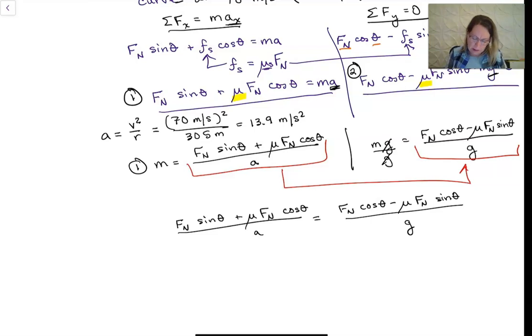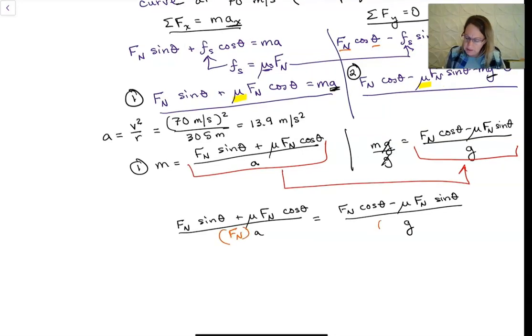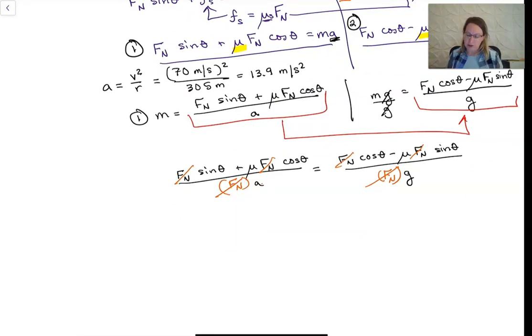I divide this side by force normal and this side by force normal, and because it's in the denominator in both places, I can go term by term, or I can factor out a force normal, however you want to think about it. And I'm going to cross multiply these a's and g's through just so I don't have any fractions.